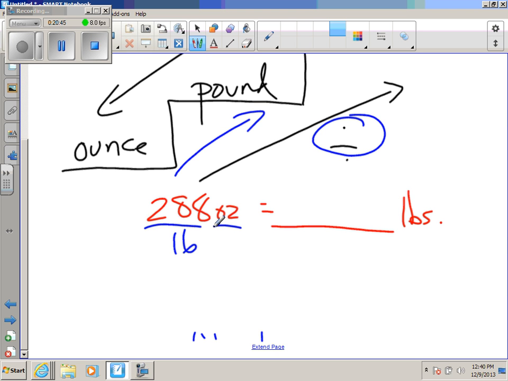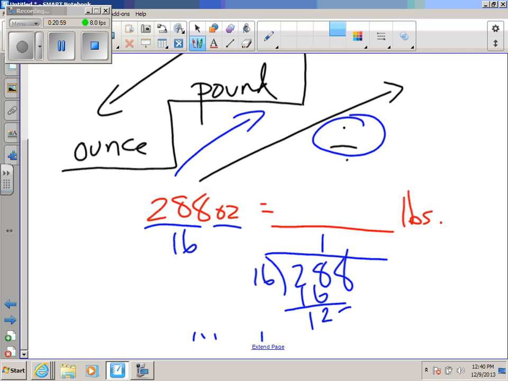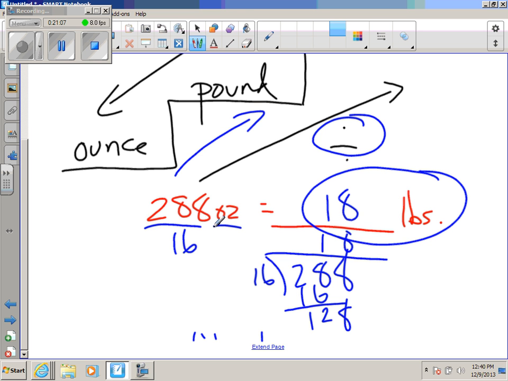If you can't figure in your head how many times it goes into it, then set it up. You can do this, right? So you say once, and then 16 into 128 is 8. 18 pounds. But you need a plan.